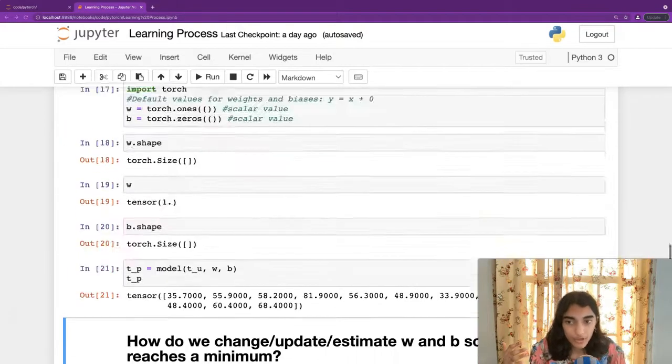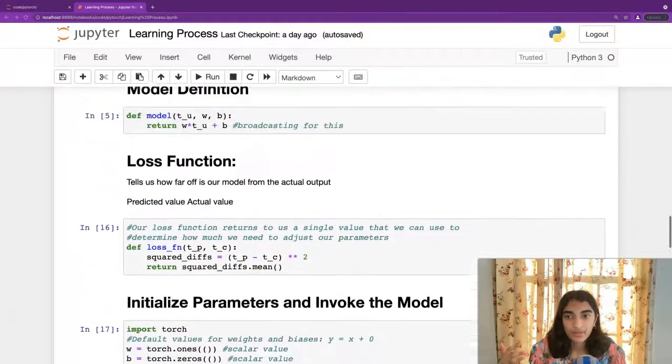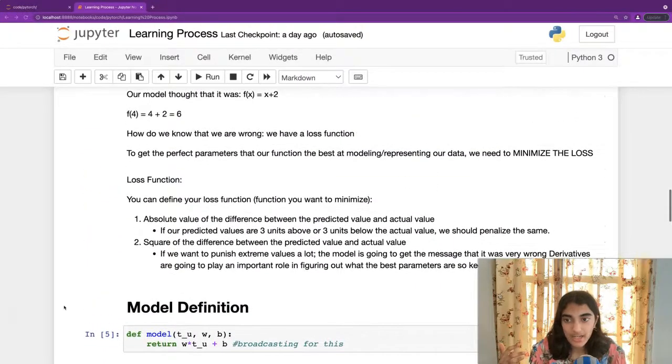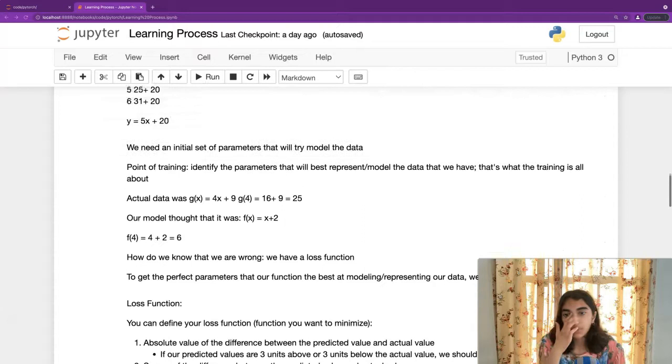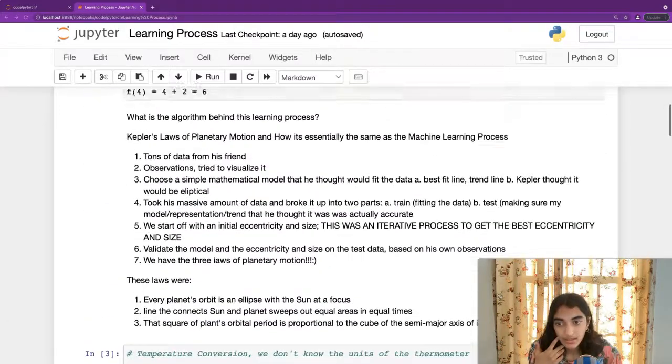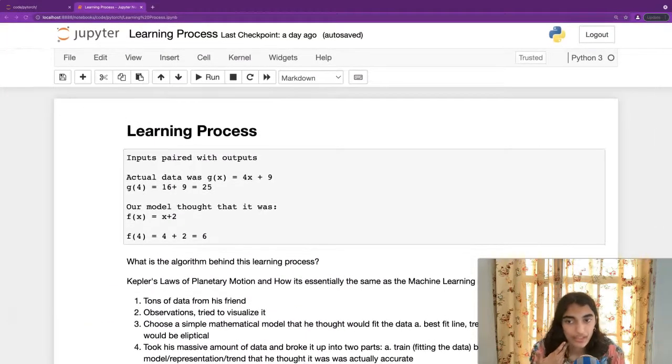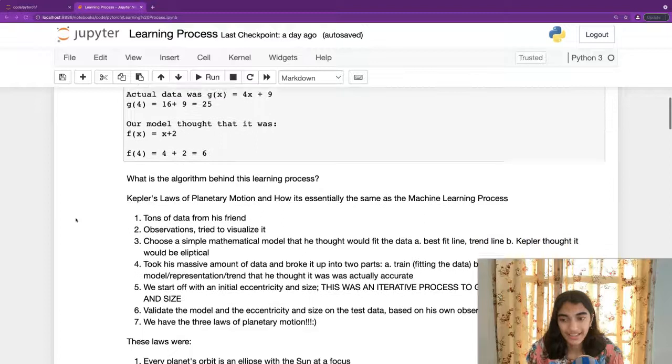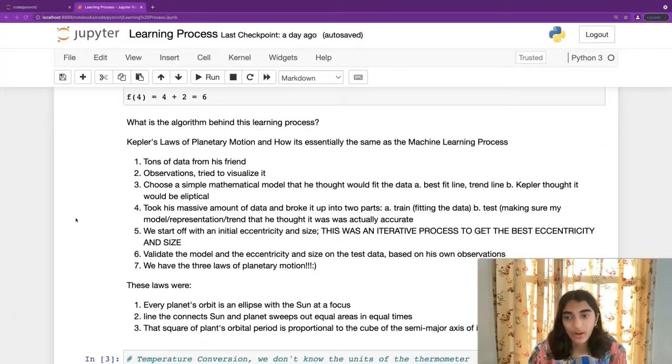As a refresher, we're doing a temperature conversion, and we went through a lot in the past 3 or 4 videos, talking about the learning process, connecting it to what Johannes Kepler did with his laws of planetary motion.